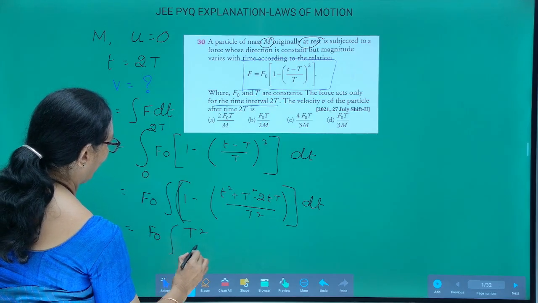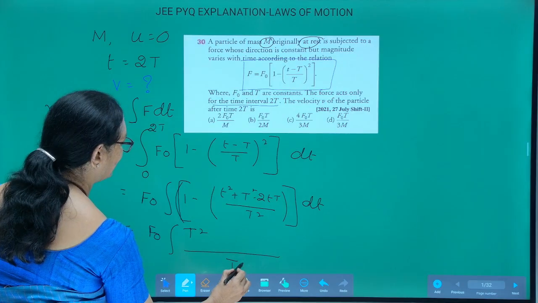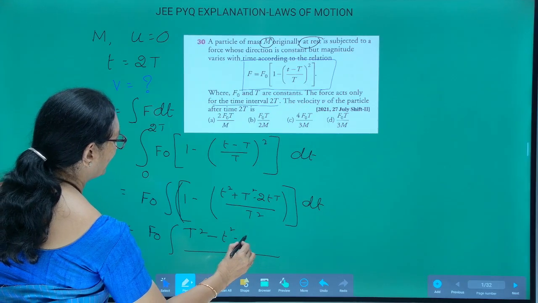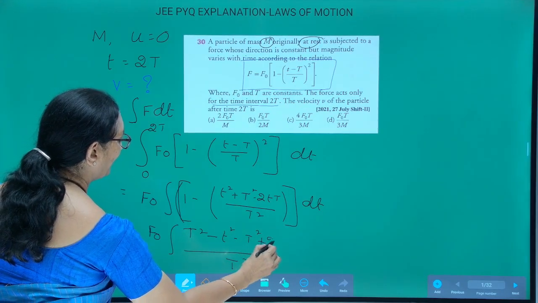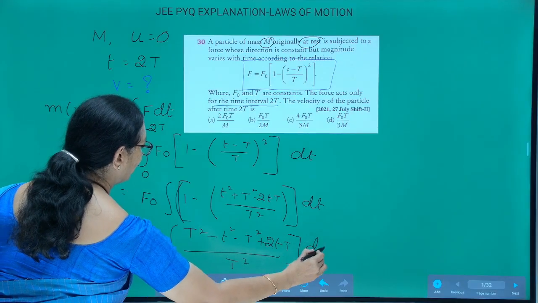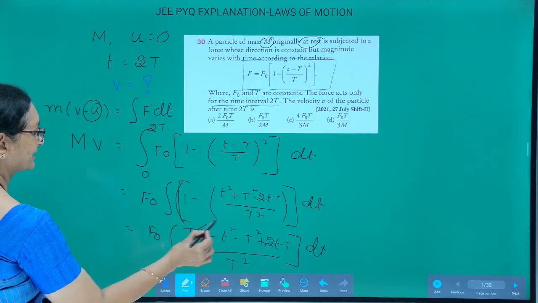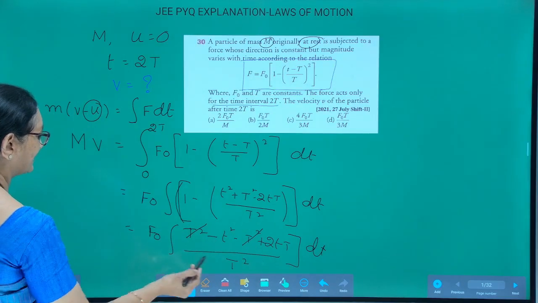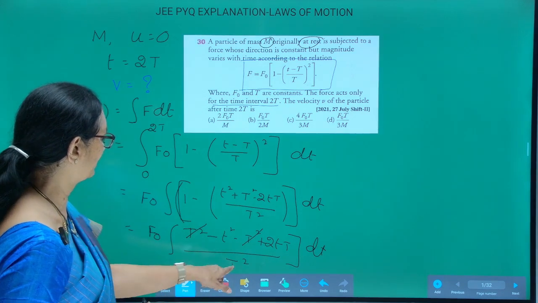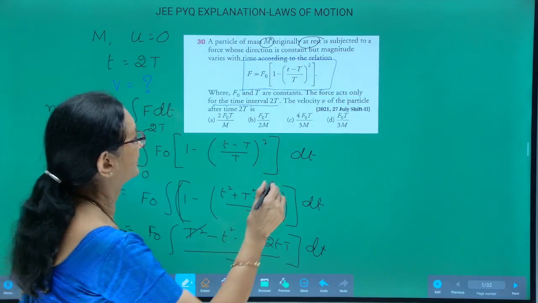So, this is F0 into, taking T square as the LCM, T square minus T square plus 2tT minus t square, dt. Here T square and T square get cancelled. The 1 by T square can also be taken outside the integral because this is a constant factor.